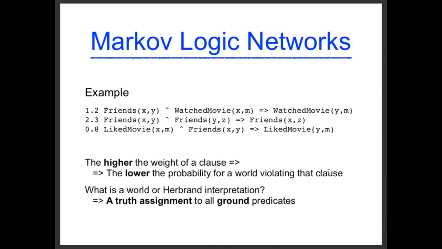There is a number attached to this formula, and the higher the weight, so the higher this number, the lower is the probability for a world violating that clause. So the higher is the weight, the stronger is that rule. You would like really that to be true, okay?